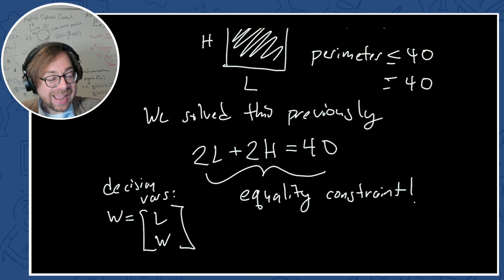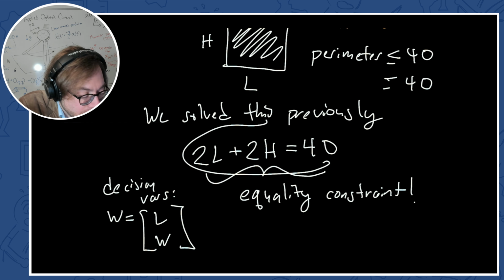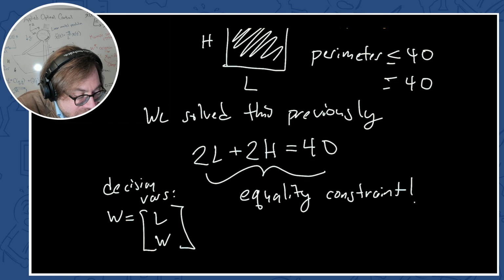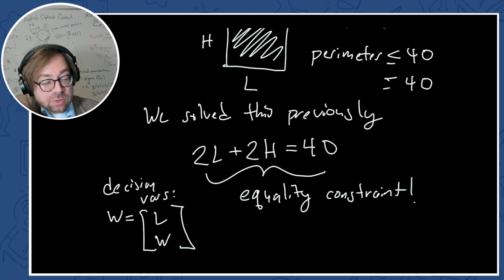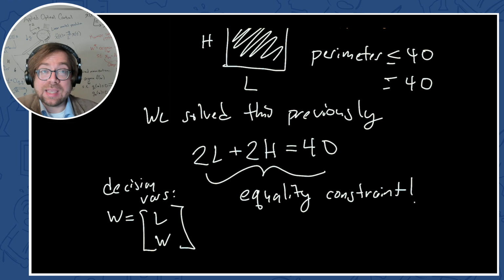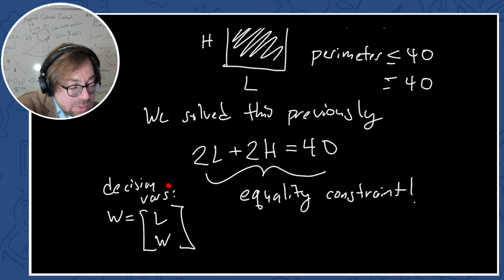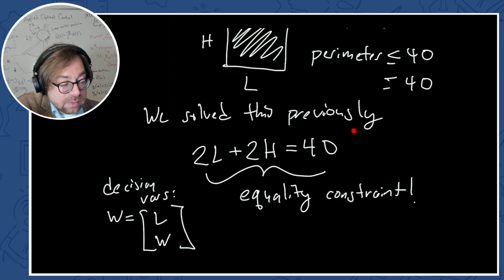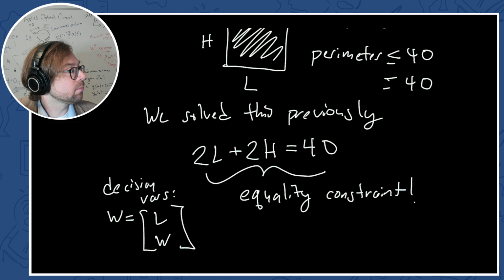At which point I can solve this constraint so you have length in terms of height or whichever, right? And then you could substitute it back in and basically use this constraint to make one in terms of the other. Question.